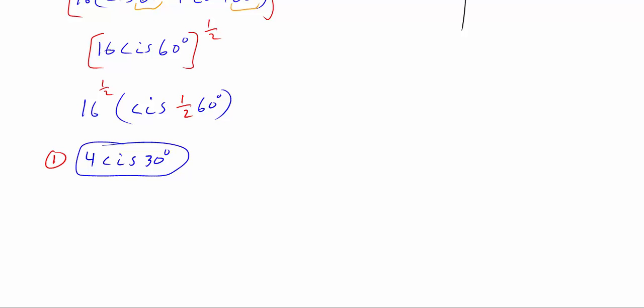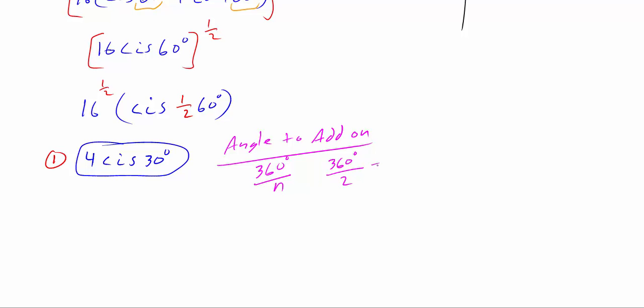Now, because we're looking for square roots, we know there's going to be another one. We want to calculate the angle that we need to add on. To do that, we're simply going to take 360 divided by n, and the n is representing the number of roots. Because this is a square root, we're going to take 360 degrees and divide that by 2, which is going to be equal to 180 degrees.